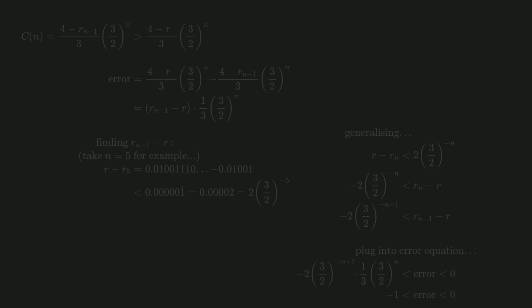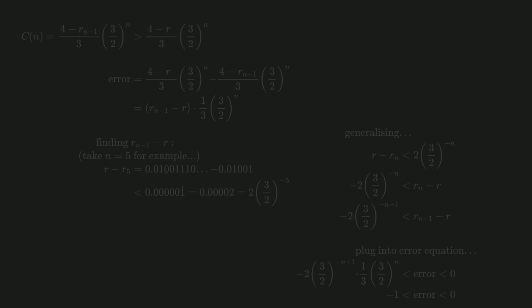Firstly, think about the difference between R and its approximations Rn. If Rn is R truncated after n digits, R must be greater than all values of Rn. Thus replacing Rn with R, we're subtracting a larger number, so the fraction will be smaller.